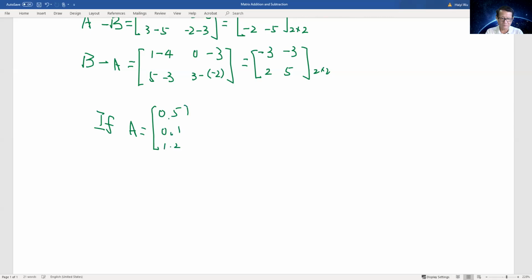We've got decimal numbers, so it doesn't have to be a whole number. B is equal to, with the same dimension, a 3 row, 1 column matrix: -0.5, 2.2, 0.9. That's the same, 3 by 1.